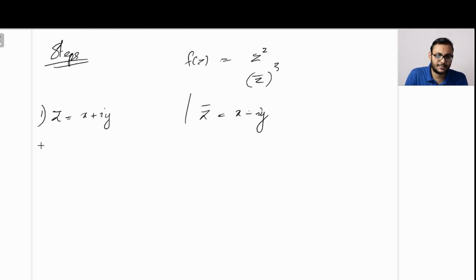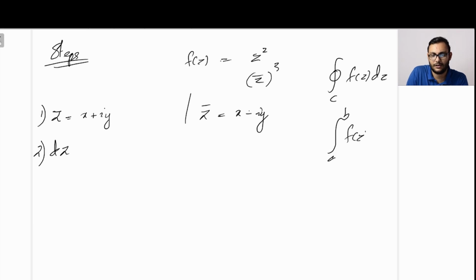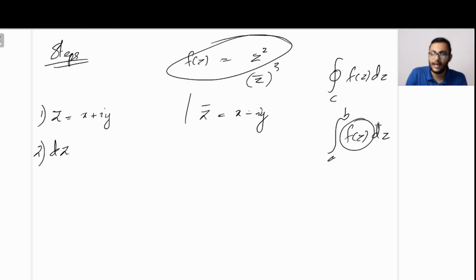In the second step, we have to find the differential value of z, because we know that the contour integration, or the complex integration, is something like this: f of z dz. We know f of z from the given expression, and we have to find the dz value also, because we are substituting x and y instead of z, so we have to substitute dx and dy instead of dz also.